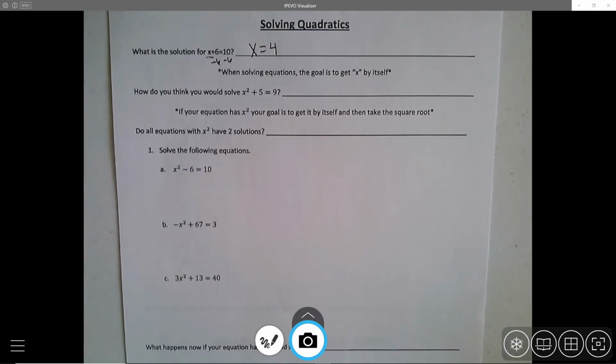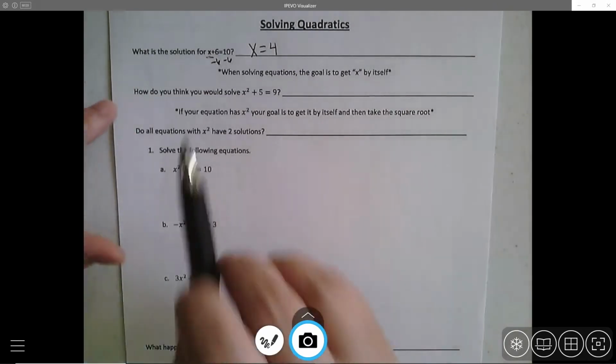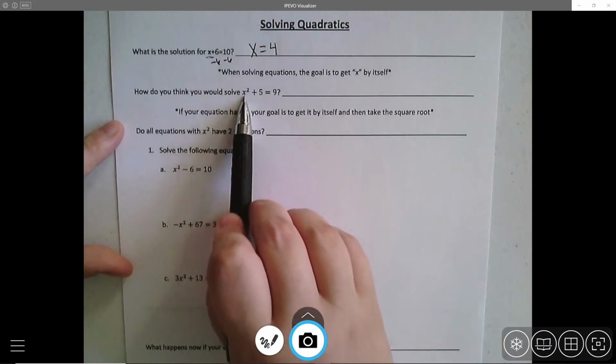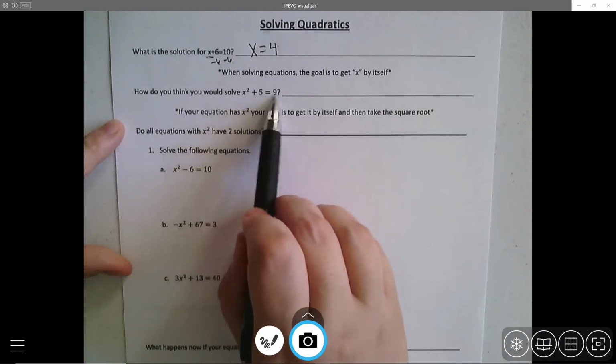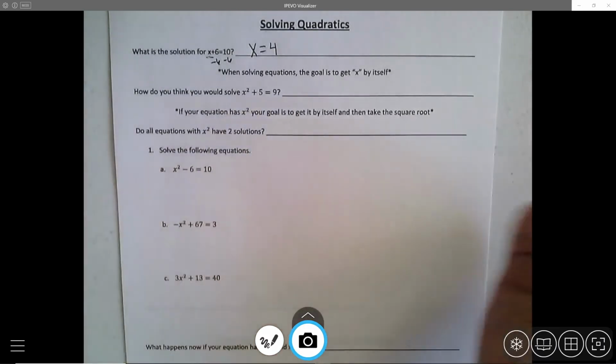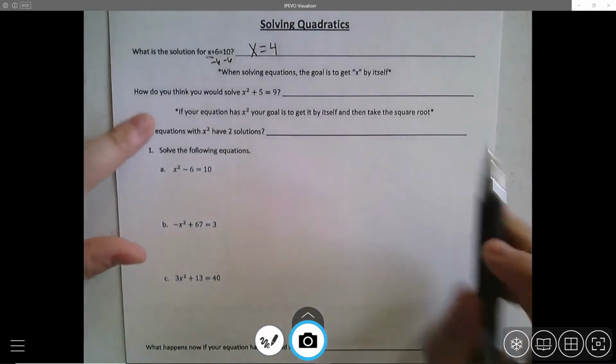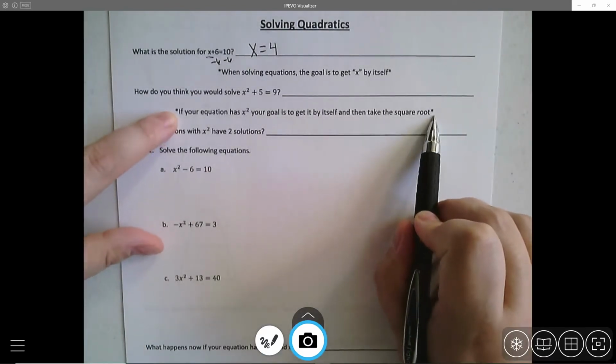Now what our problems are going to turn into is, instead of having an x, we're going to have some x squareds in it. So how would we solve x squared plus 5 equals 9? That's something new that we're going to have to be able to answer. If the equation has x squared, your goal is to get it by itself and take the square root.